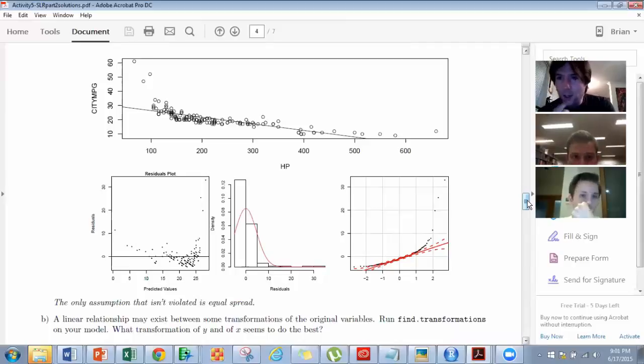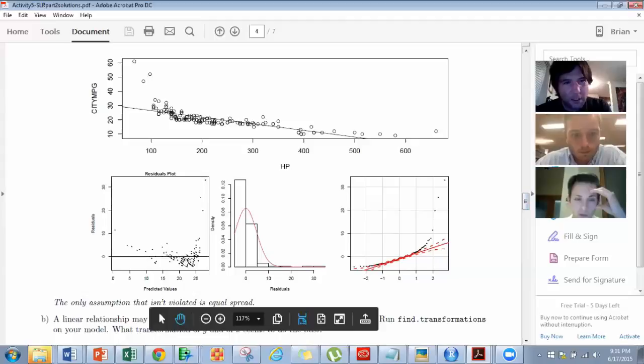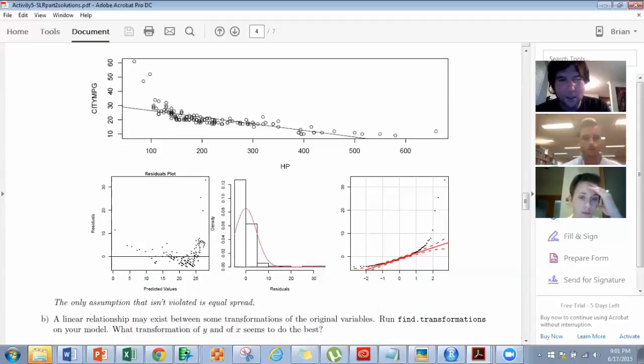So this is what happens when it gets late at night. But with this in mind, when you look at the equal spread, it's not that big of a difference. It's not really changing in spread that much throughout the model. You can look up here and see how spread out those points are, and it's not really doing that.